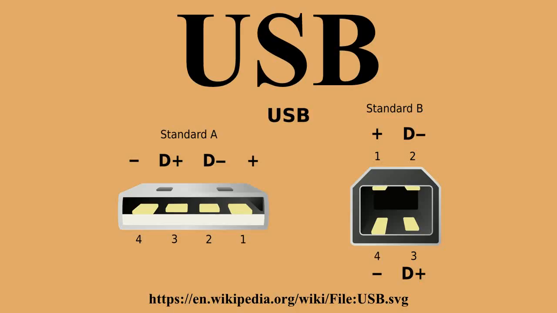USB 3.1. A January 2013 press release from the USB Group revealed plans to update USB 3.0 to 10 Gb/s. The group ended up creating a new USB specification, USB 3.1, which was released on the 31st of July 2013, replacing the USB 3.0 standard.